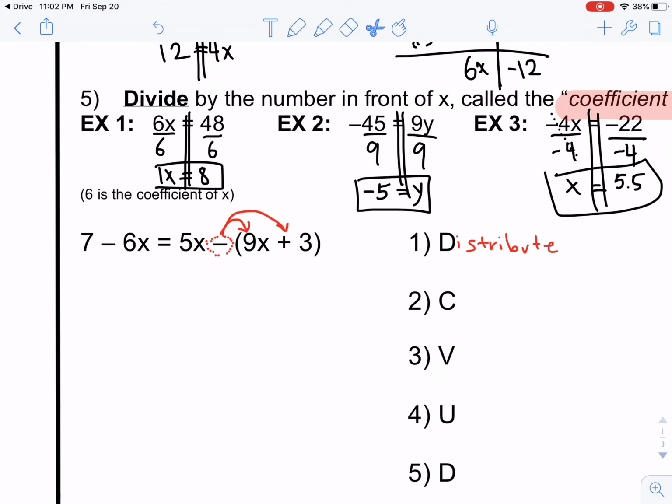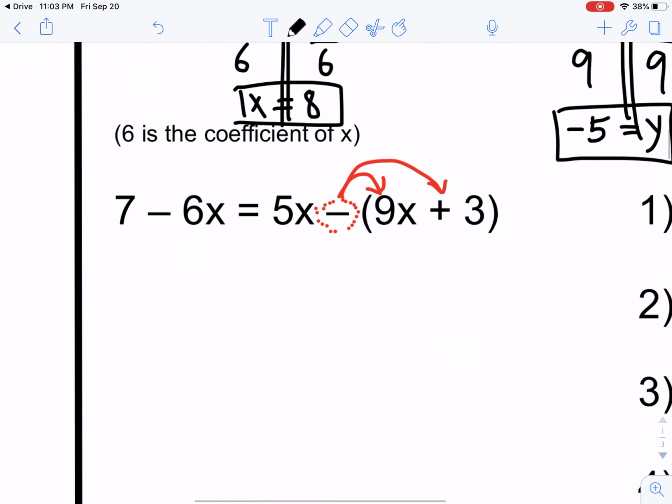So we're going to distribute, copy the rest of the problem in black, and show you what's happening. 7 minus 6x, that doesn't change, equals 5x. Here we are distributing, so we're going to have negative 9x minus 3. Or you could think of opposite land, and we're flipping the tiles.